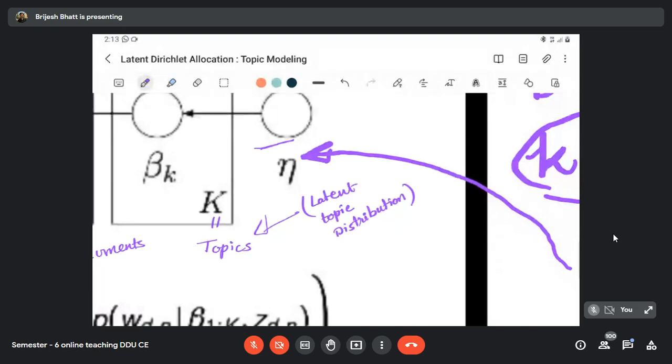We want the machine to figure it out. That's why it is called latent topic distribution, and the distribution that we assume is called Dirichlet because it is a conjugate prior.